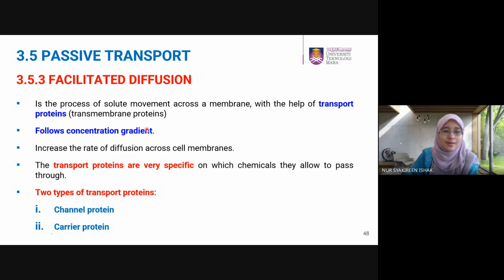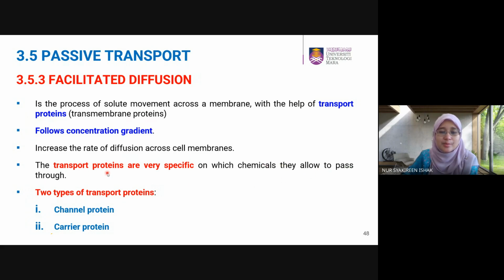Okay. So by moving the solute using this transport protein, it increases the rate of diffusion across the membrane. It increases the flow of solute really fast, okay, if the solute moves using the transport protein. So the transport proteins are very specific on which chemicals they allow to pass through.